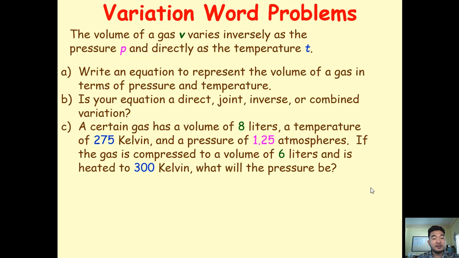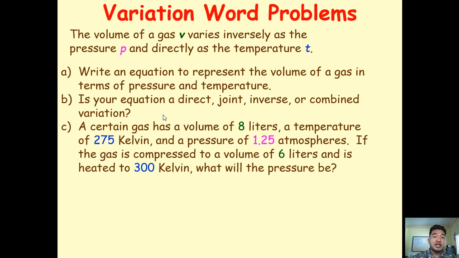Just leave a comment below. For letter A, write an equation to represent the volume of the gas in terms of pressure and temperature. Gawa kayo ng equation. And then, is your equation a direct, joint, inverse, or combined variation? You just identify, is it direct, is it inverse, is it joint, or combined variation?